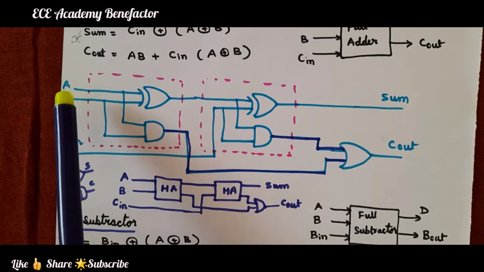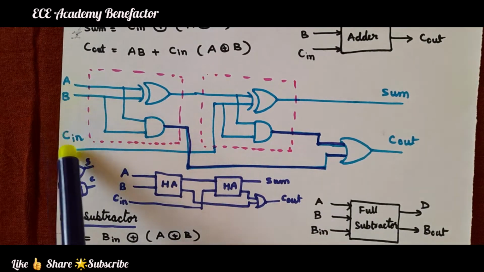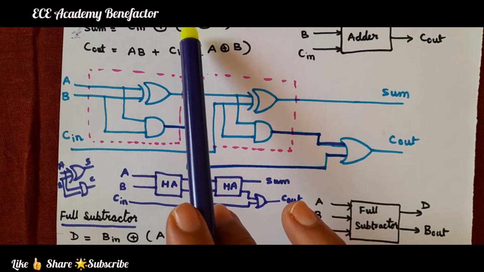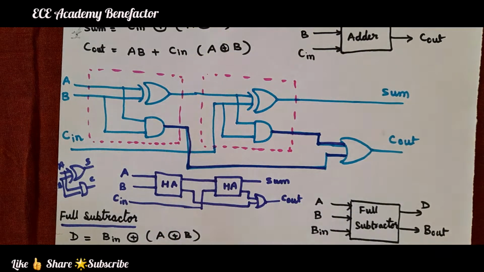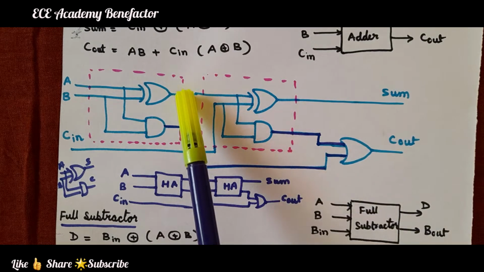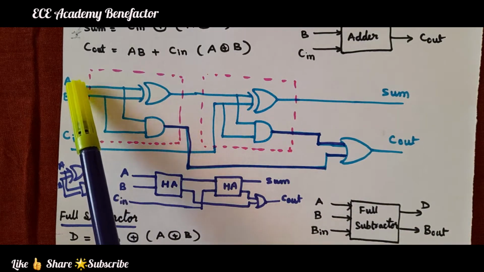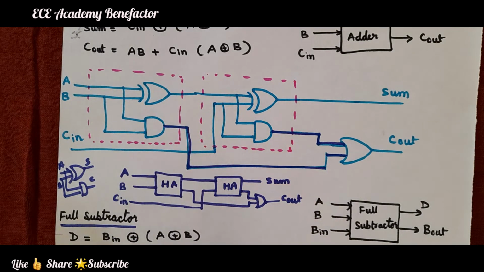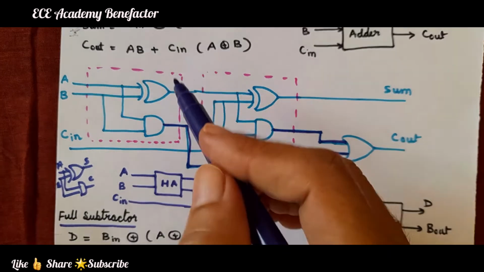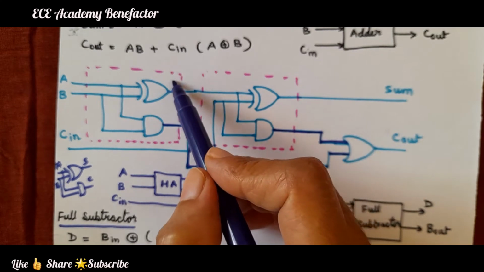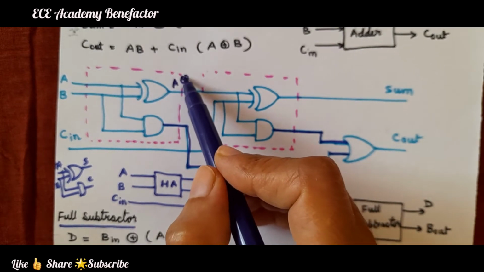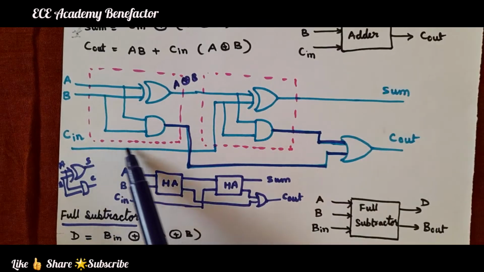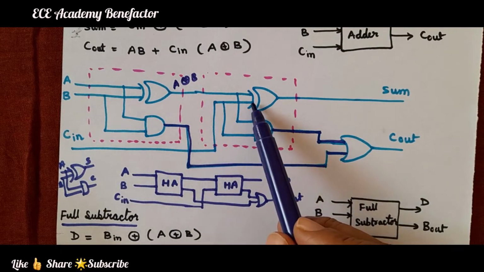So, we have taken three inputs A, B, C in. What is the first term we need to get? A XOR B. The inputs A, B are given to the XOR gate to get A XOR B. To the second XOR gate, the C in input is coming.